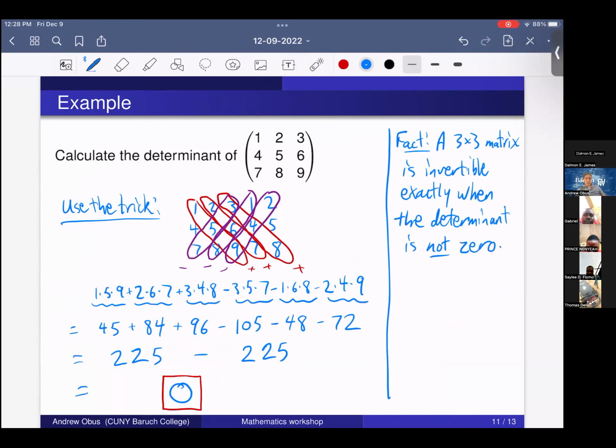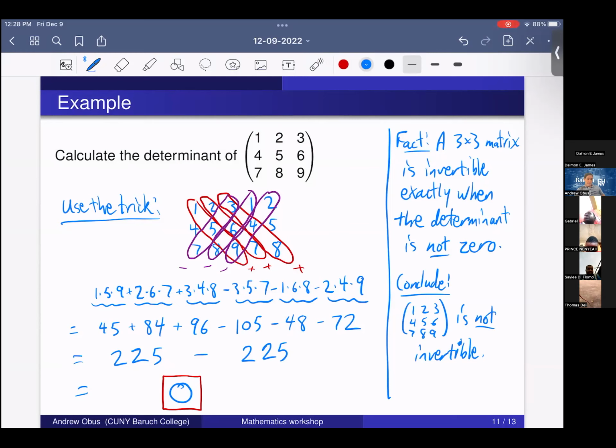Okay. And so since this determinant is 0, we conclude that this matrix 1, 2, 3, 4, 5, 6, 7, 8, 9 is not invertible.